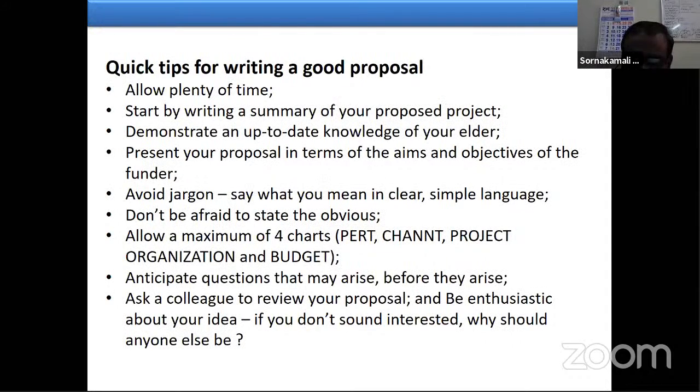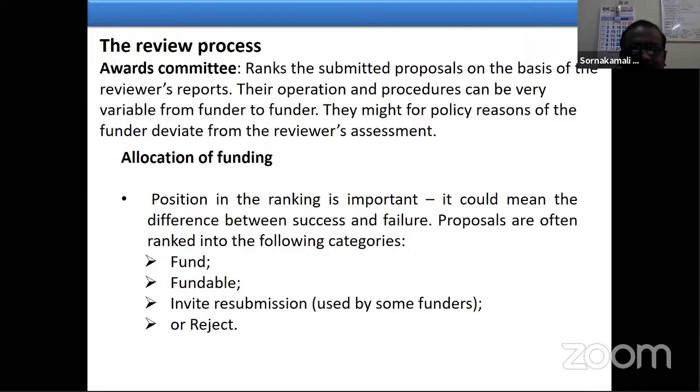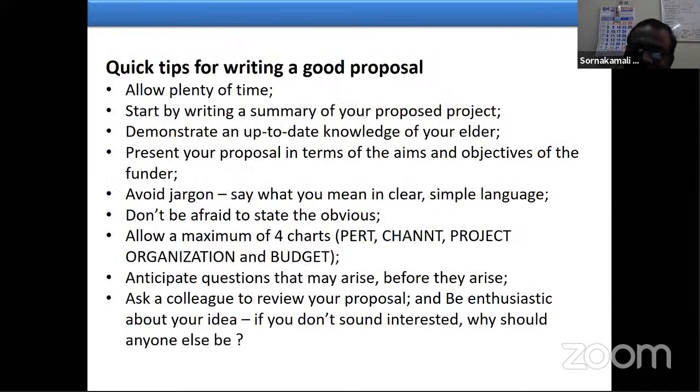These are the quick tips for writing good proposals. Finally, we have to write a good proposal with high scientific integrity, novelty, and a modest budget. Then there is a chance for funding.